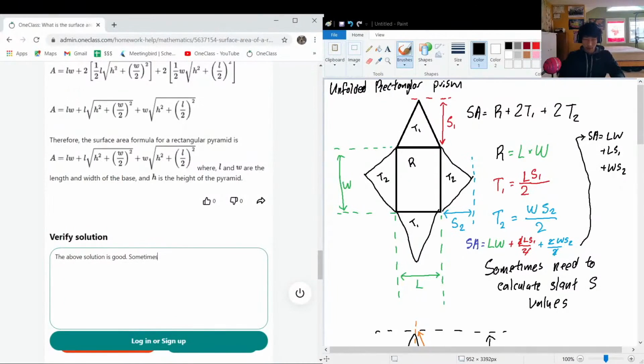Sometimes slant will be given, and actually no, because if the slant is given, then you should probably already see exactly how we could add all this up. So the above solution, that's good.